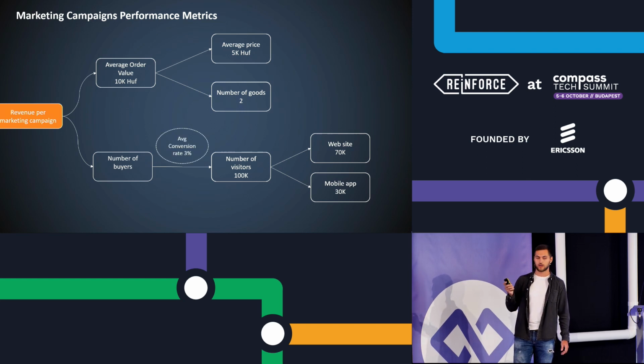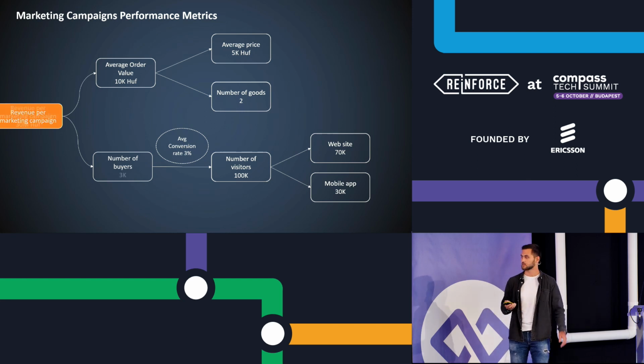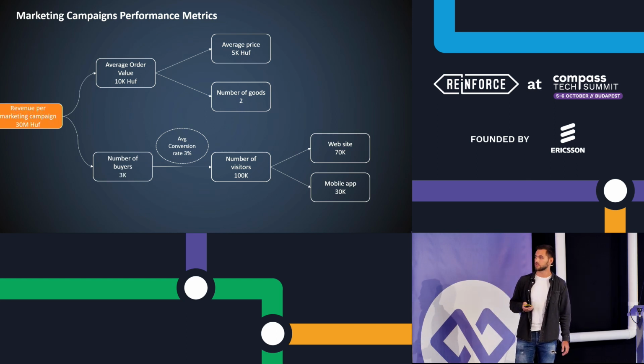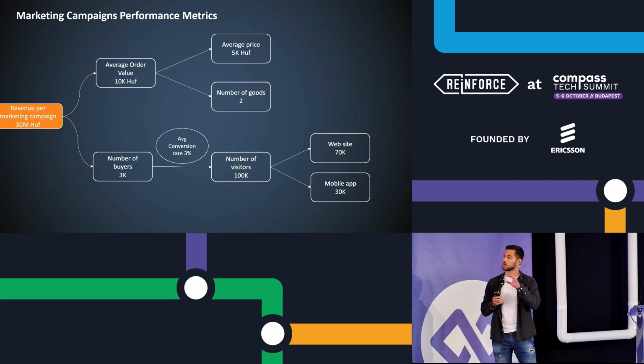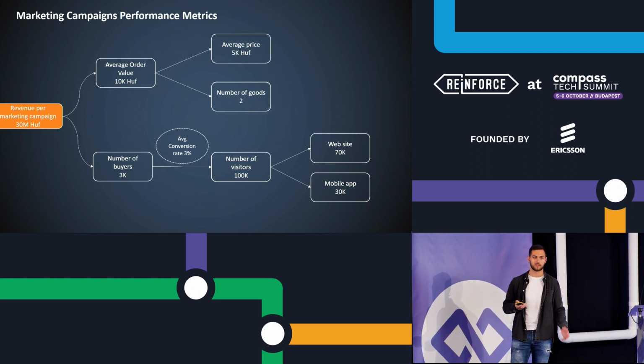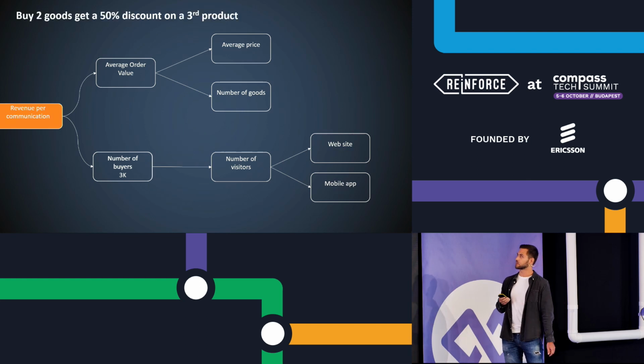Now we have an integral component, the conversion rate, because not all our visitors become our customers. Now we have 3K buyers, and by multiplying average order value and number of buyers, we see the revenue from the product, from the marketing campaign actually.